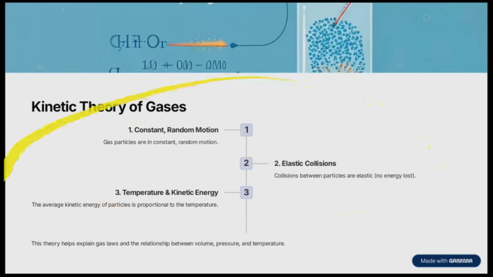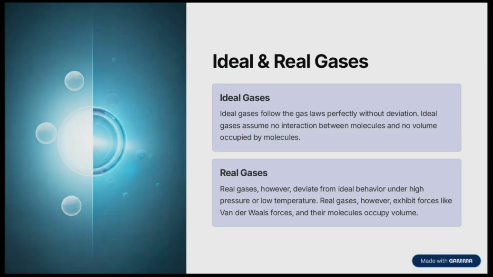When you talk about the kinetic molecular theory of gases, you talk about the negligible volume of gases and some other things. Ideal gases are known to obey this theory.